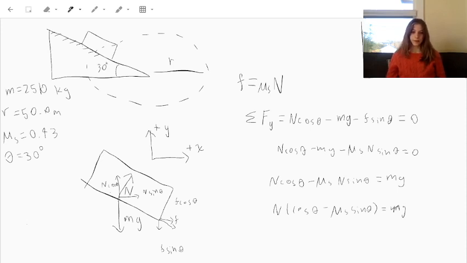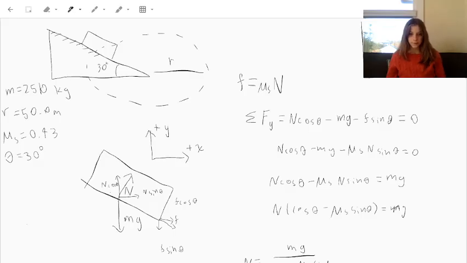And then we divide both sides by cosine theta minus mu s sine theta. So I'm going to write it down here. N is equal to mg over cosine theta minus mu s sine theta.